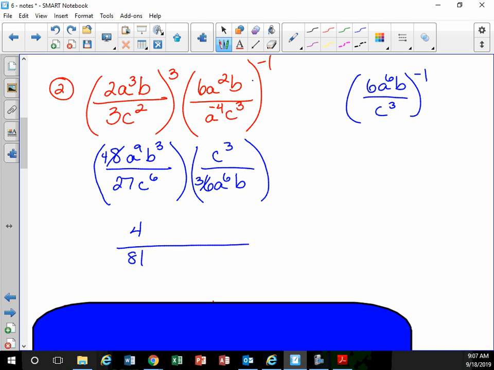All right, then I'm going to look at the a's. How many a's are going to be left? Where are they going to be? Yep, so a cubed up top, right? What about b's? b squared up top. What about c's? And where is it? Okay. There is your answer.